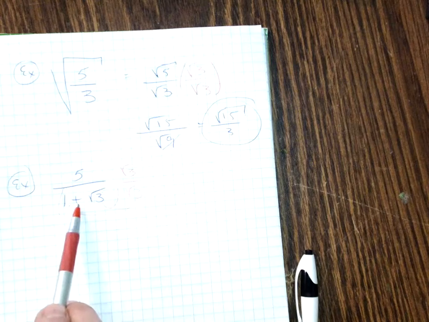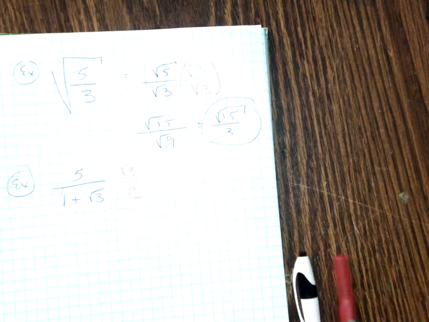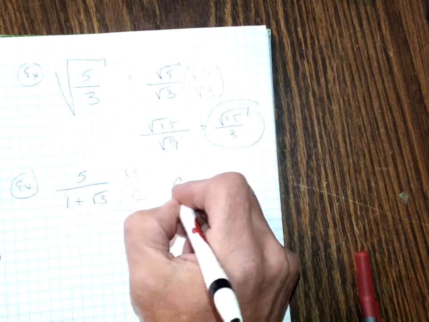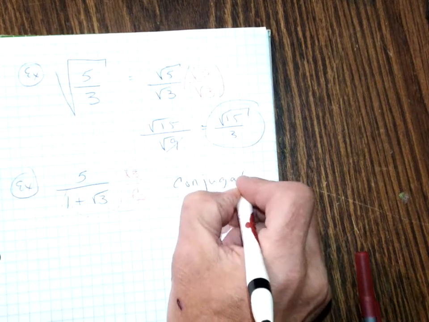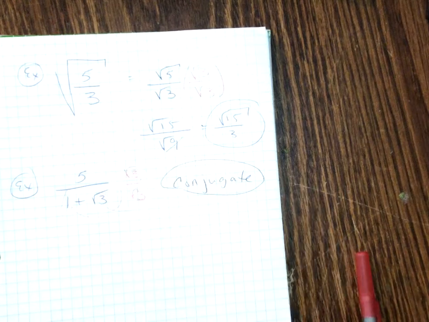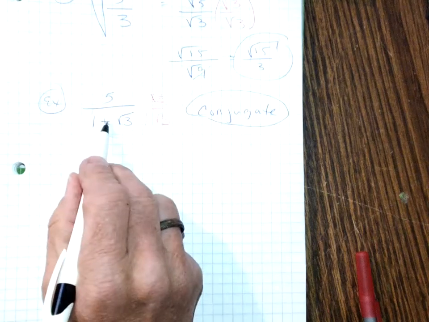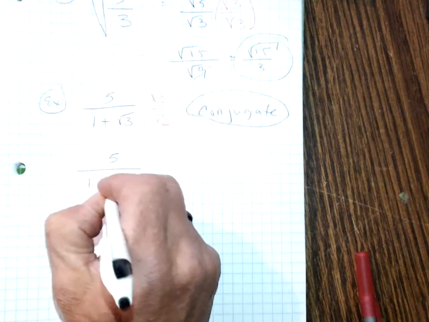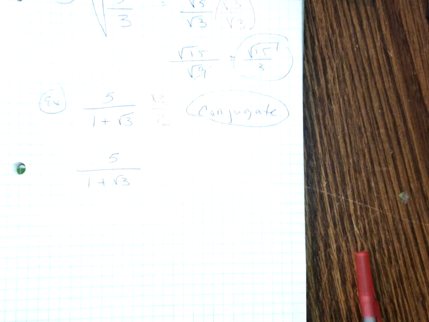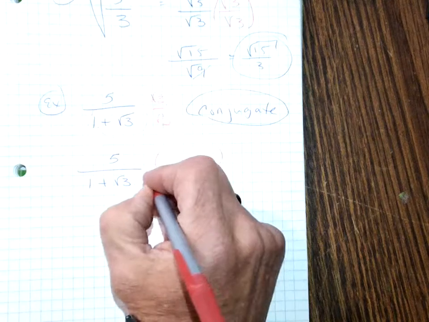So if we have a plus or minus on the bottom, we're going to multiply by a thing called the conjugate. I want you to write that down: conjugate. So we do the problem correctly. Just because of the plus or minus on the bottom, we'll have 5 over 1 plus the square root of 3, and I'm going to multiply by the opposite.